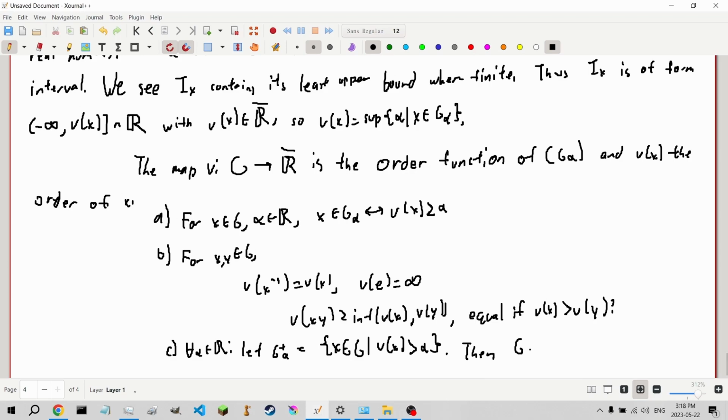Then G_alpha positive is the union of all G_beta for beta greater than alpha, and this is a subgroup of G.